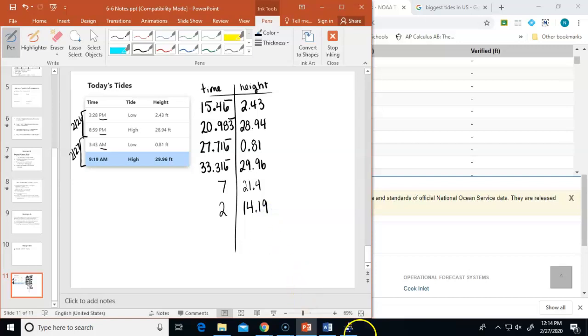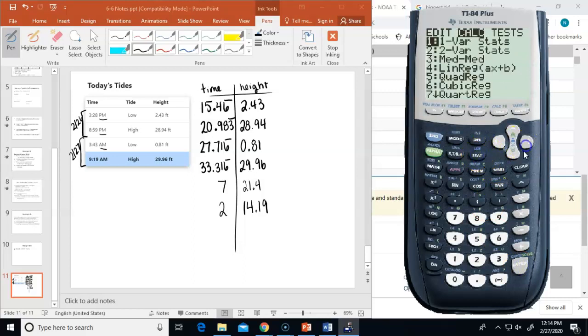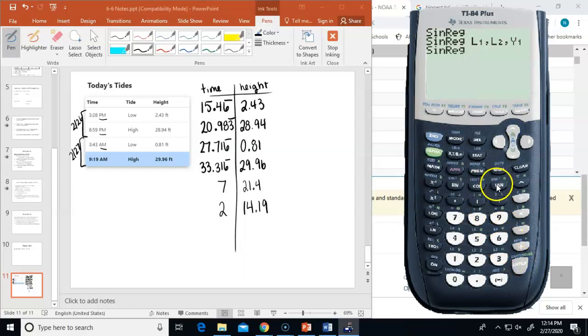Alright. 2, 14.19. Stat, calc, vars, Y vars.